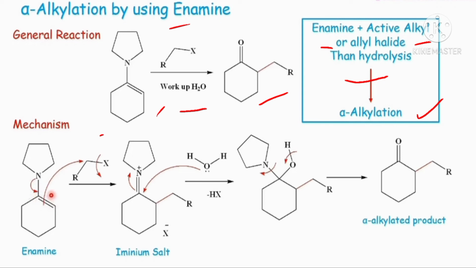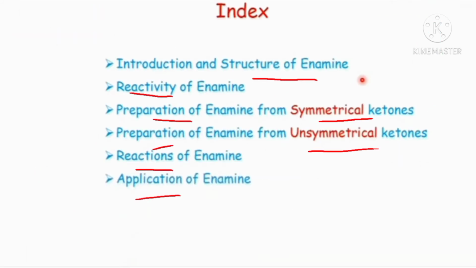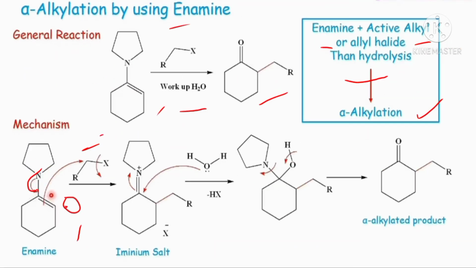Okay, first the enamine reacts with the active alkyl halide by using the lone pair of the nitrogen atom. Here the lone pair of the nitrogen atom delocalizes and here formation of a nucleophile, and this nucleophile attacks the electron deficient carbon atom, the part of the leaving group.